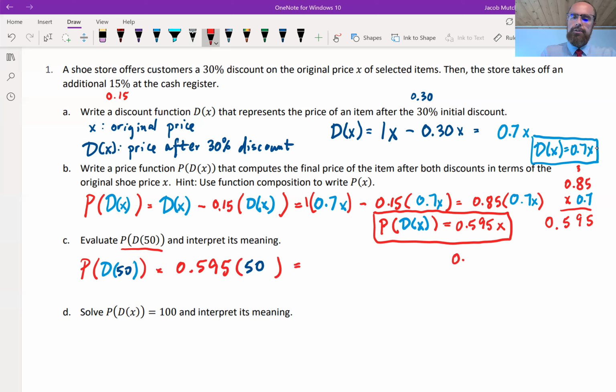So we'll multiply 0.595 times 50. 5 times 5, 25. 9 times 5, 45 plus 2 is 47. And 5 times 5, 25 plus 4 is 29. And then I'll bring the decimal 3 to the left. So in terms of price, that new price is $29.75.